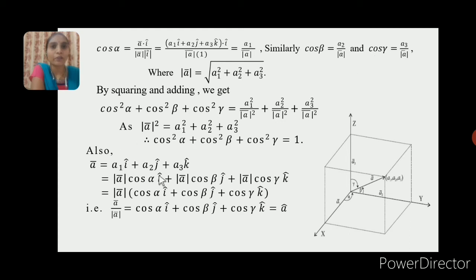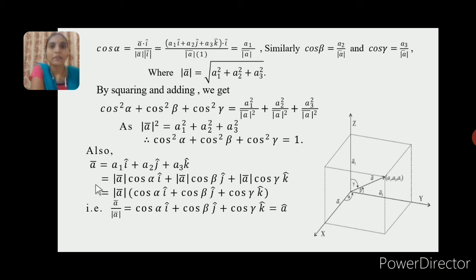Substitute here a1, a2, a3. a bar is equal to magnitude of a bar into cos alpha into I cap plus magnitude of a bar into cos beta into j cap plus magnitude of a bar into cos gamma into k cap, which is equal to magnitude of a bar taken common, then remaining terms in bracket cos alpha into I cap plus cos beta into j cap plus cos gamma into k cap, bracket complete.